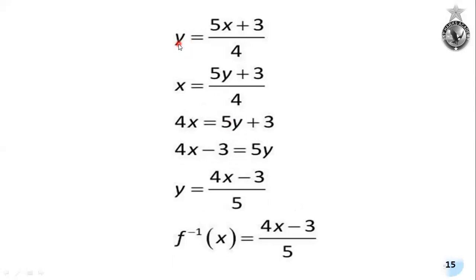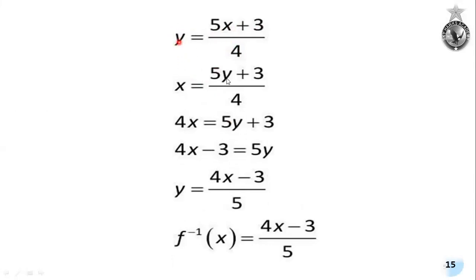You can recall those steps. I will send you all these slides and you can look back to those steps. So that was the first step, replacing f(x) with y, giving y = (5x + 3)/4. This is actually the first step.